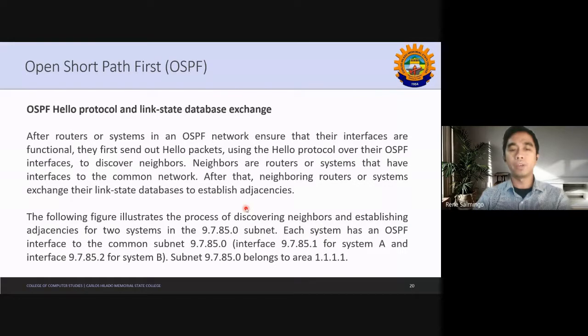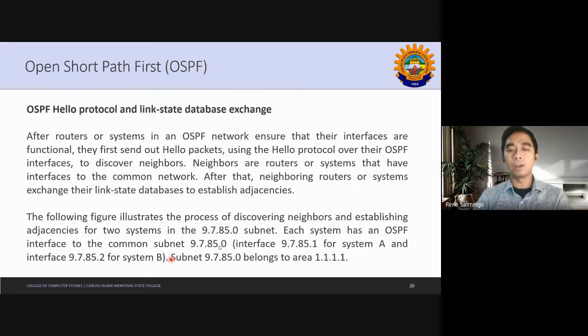The following figure illustrates the process of discovering neighbors and establishing adjacencies for two systems in the 9.7.85.0 subnet. Each system has an OSPF interface to the common subnet of 9.7.85.0.